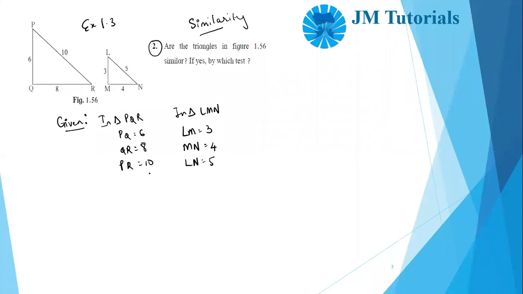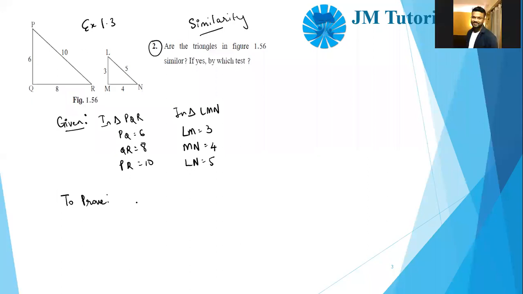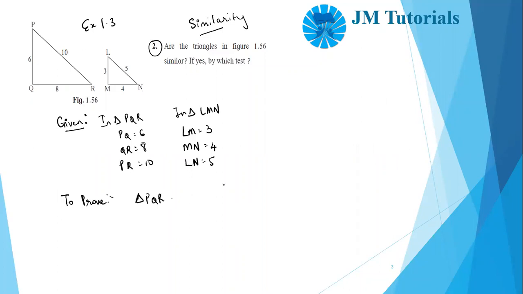So this is what is given. To find, or rather than saying to find, I'll say to prove: to prove triangle PQR is similar to triangle LMN, and I also have to say the test. So this is what is asked, whether triangle PQR is similar to LMN.